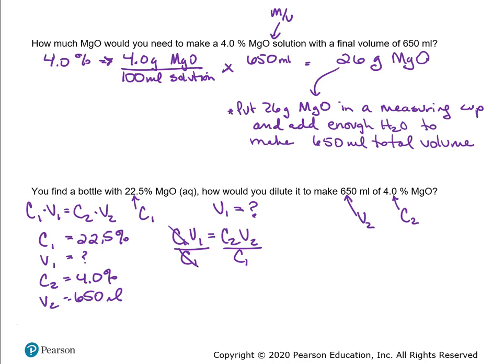Then you just can plug them in. So 4.0%, that's C2. 650 mils, that's V2. Divided by C1, which is 22.5%. So see how percent and percent will cancel? You take 4 times 650 and divide it by 22.5.